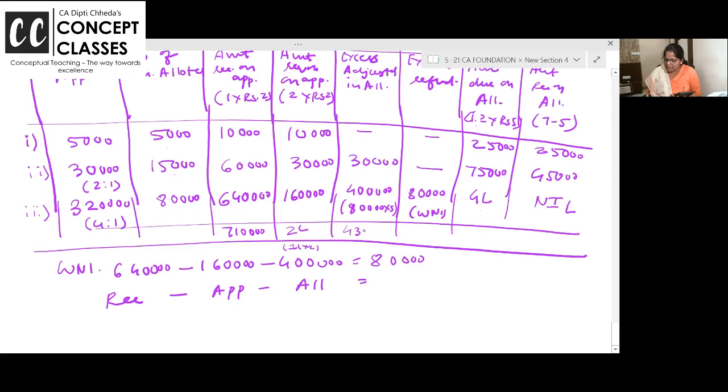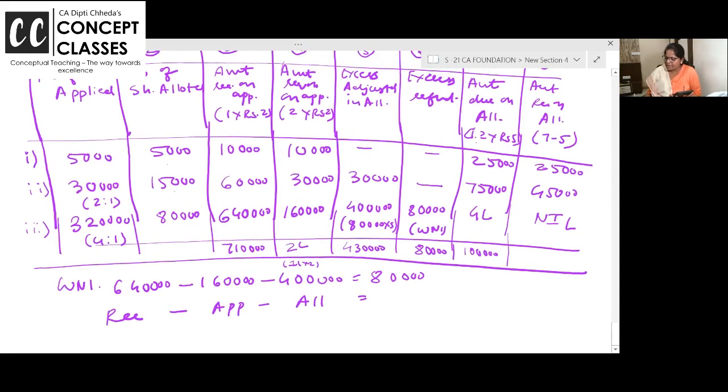Remaining 430 adjusted here. 80,000 adjusted here. And this is only 1 lakh. Not 1 lakh, sorry. Allotment due कितना है? 5 lakh. 1 lakh into 5 rupees आप लिख लो.